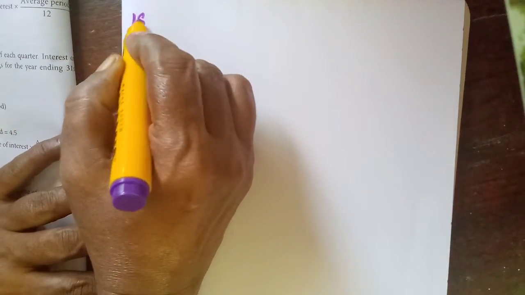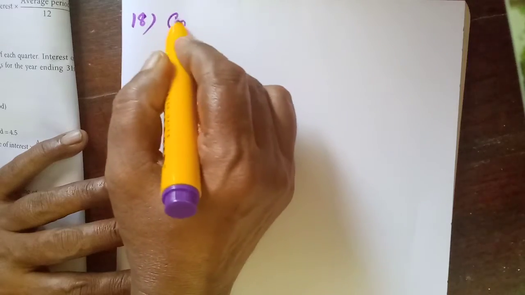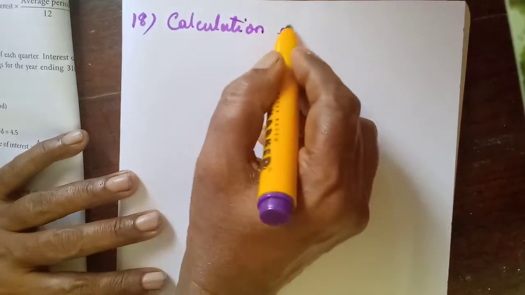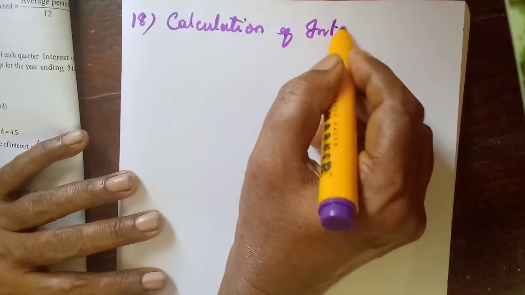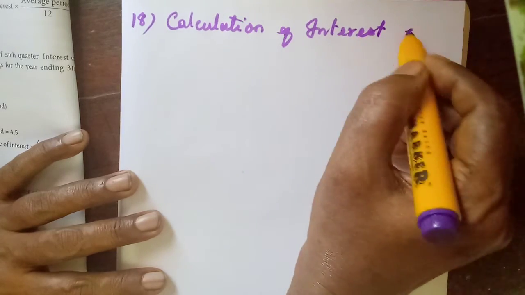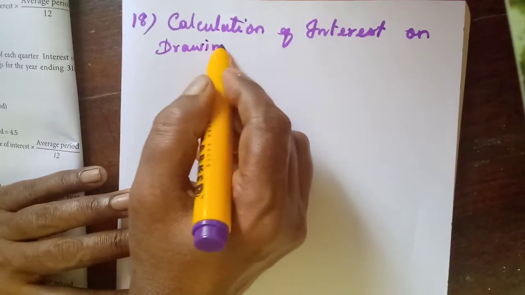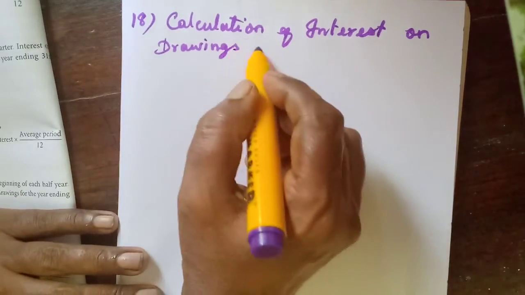Illustration 18. First calculation, write the heading. Calculation of interest on drawings of Vanilla.